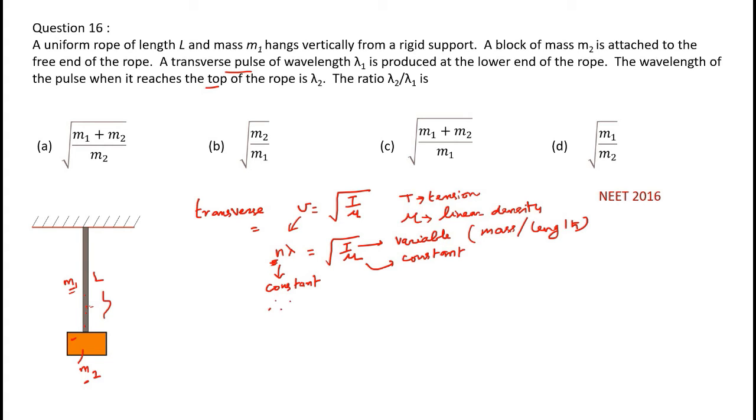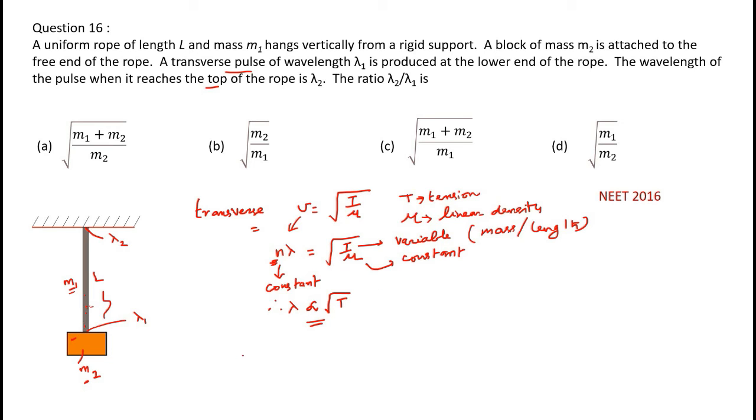Therefore, we have lambda proportional to square root of T. Coming to this picture, the wavelength at the lowermost point is lambda 1, and the wavelength at the highest point on the rope is lambda 2.